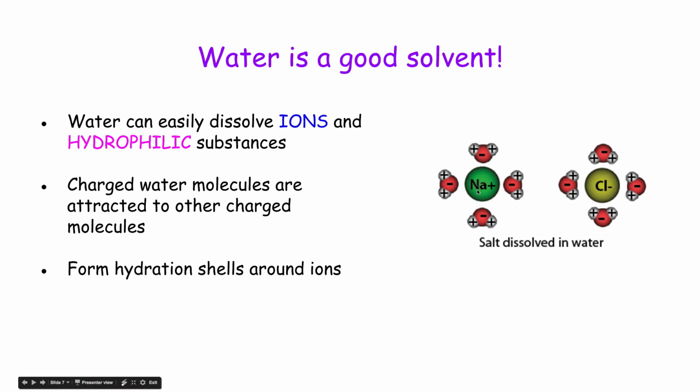Now what happens when you put NaCl in water, the positive Na is going to be surrounded by the negative oxygens, and the negative Cl will be surrounded by the positive hydrogens. So what this forms is something called a hydration cell, and that's going to keep the Na and Cl from attracting to each other. So it keeps it soluble and keeps it in solution, and it avoids these two from bonding back together.